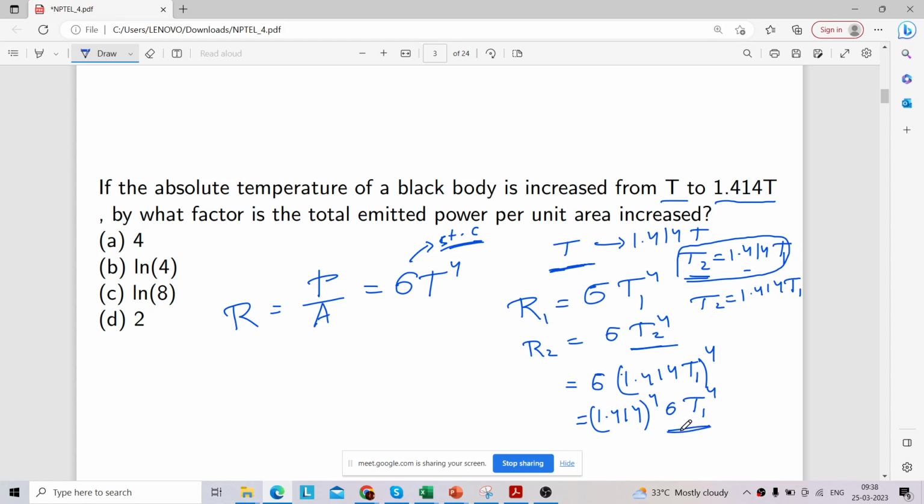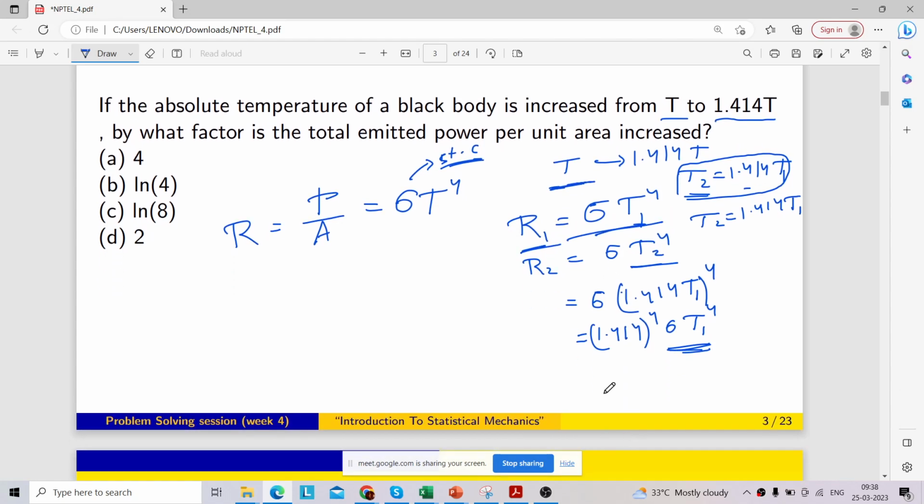Do you recognize this? Sigma T1 to the power 4 is R1. So R2 equals 1.414 to the power 4 times R1. We are asked by what factor the total emitted power per unit area will increase, so we are being asked about R2 divided by R1.